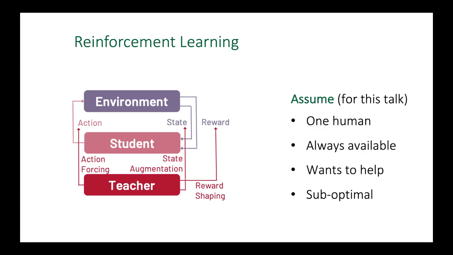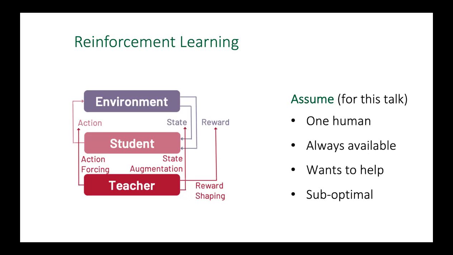So for this talk, I'm going to make a few assumptions. The first one is, in general, with one minor exception, I'm going to assume that there is a single teacher, and that by and large would be a human. It could be another agent, but there's going to be one of them. And that teacher is always going to be available. Now, of course, this is unrealistic because sometimes humans wander off or they get distracted. We're going to assume that the teacher is always available and is always there to help.